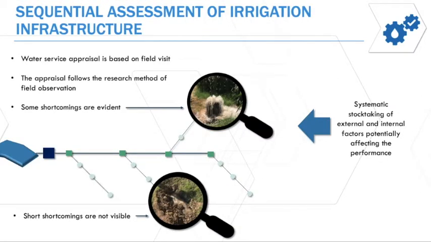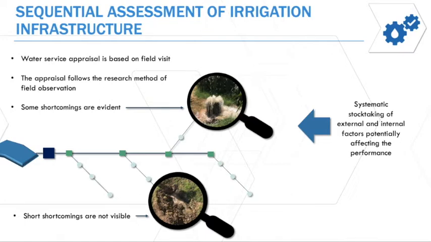Water service appraisal is always based on field visit. Experts who are responsible to conduct RAP must visualize the field and observe it on spot. The methodology itself is built on the research method of field observation. Not all shortcomings are evident though.